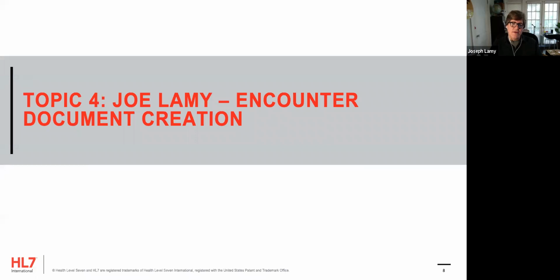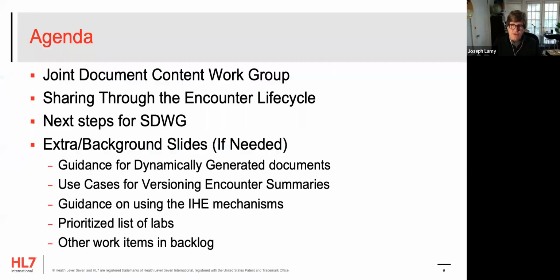All right. So what I'll be talking about is encounter document creation. It's kind of in the context of... I'm here on behalf of what's called the Joint Document Content Work Group, which is a group formed from members of Care Quality and Commonwealth to attack common pain points and to work through them.